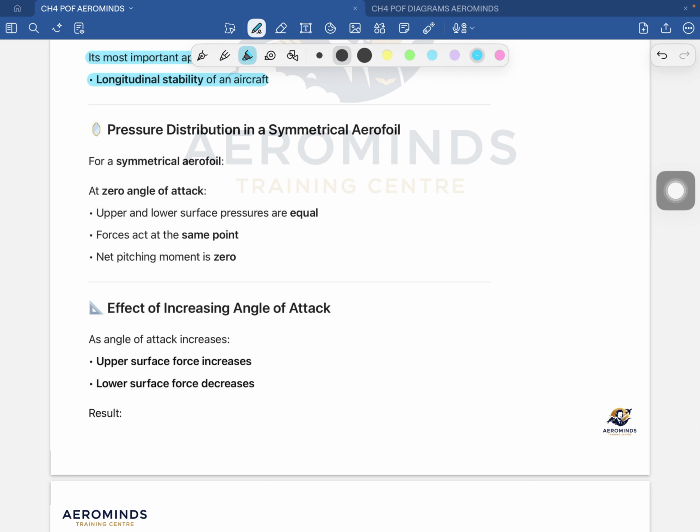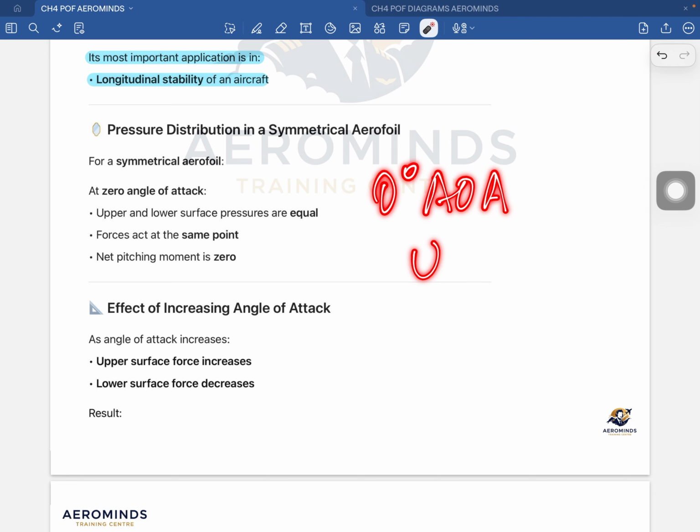First let us see the pressure distribution in a symmetrical aerofoil at zero angle of attack, then we'll increase it. At 0 degree angle of attack, the airflow sees the top and the bottom surface exactly the same.